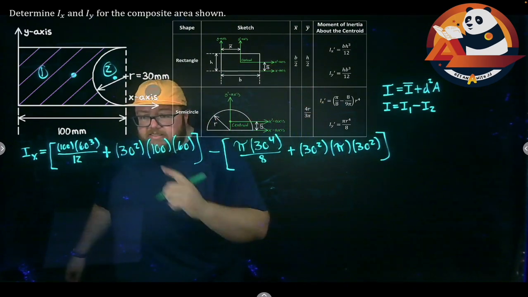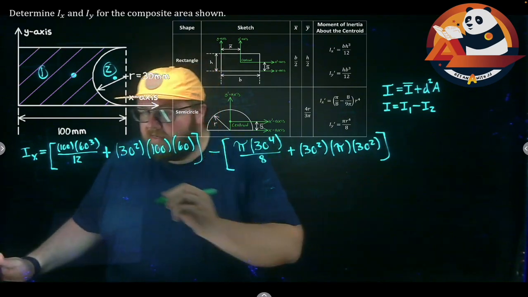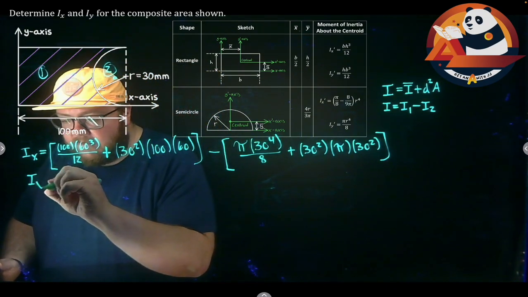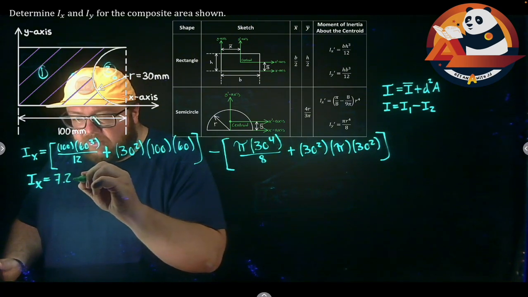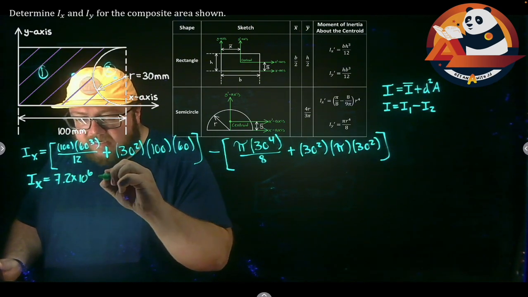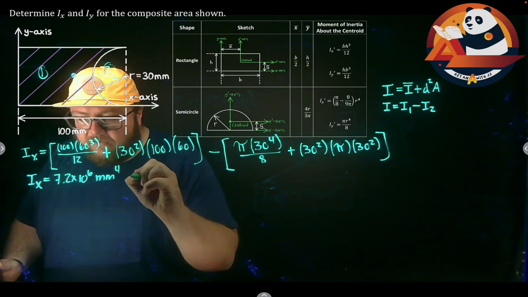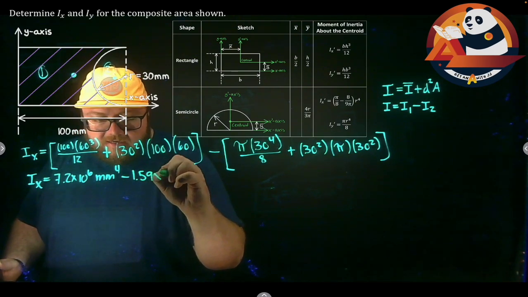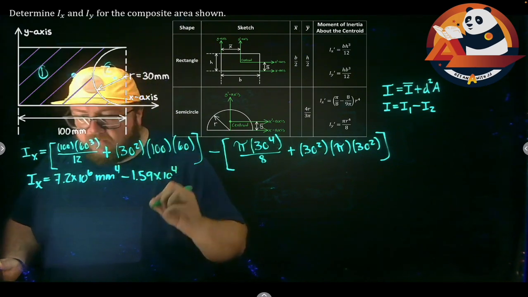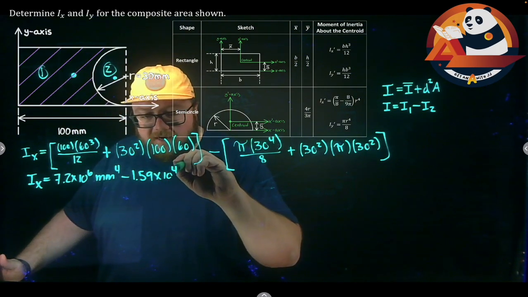This is going to get us Ix is 7.2 times 10 to the 6th millimeters to the 4th minus 1.59 times 10 to the 6th millimeters to the 4th.